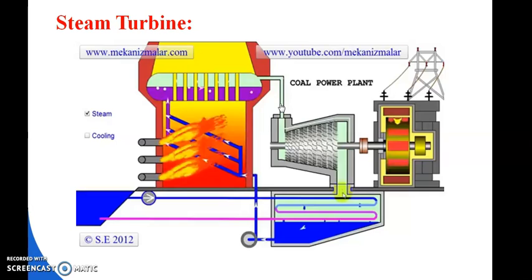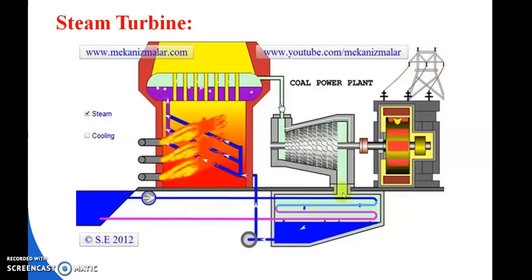When the steam enters the nozzle with high pressure, high temperature, high enthalpy, the steam will come out with high velocity, that means high kinetic energy, low pressure and less enthalpy from the nozzle.